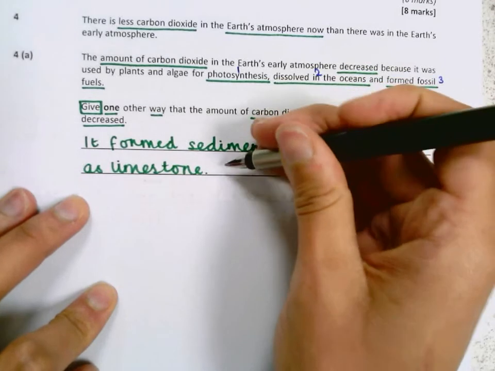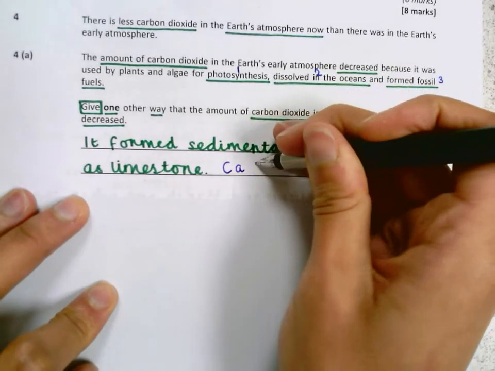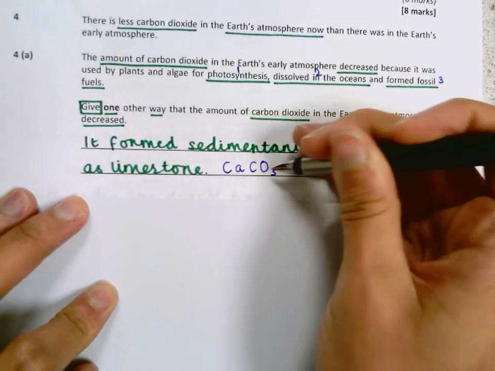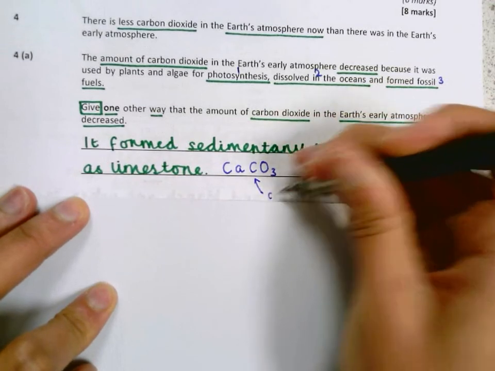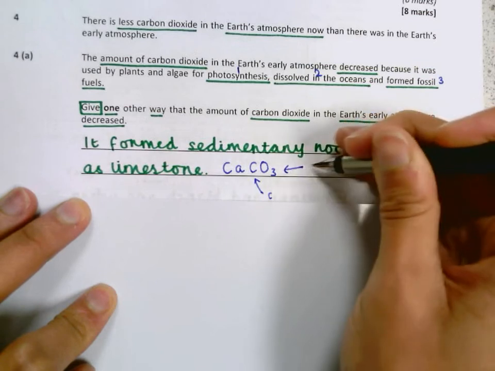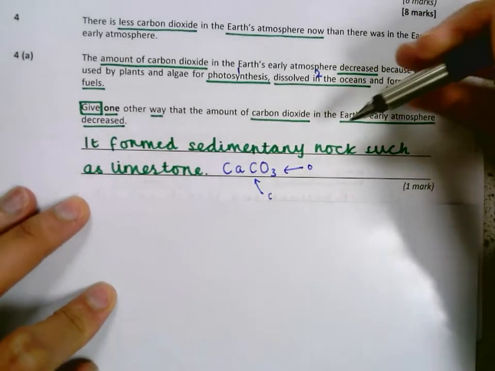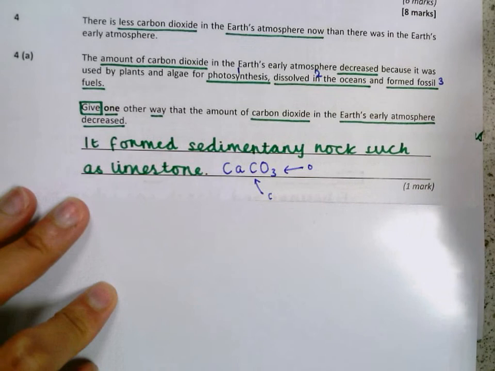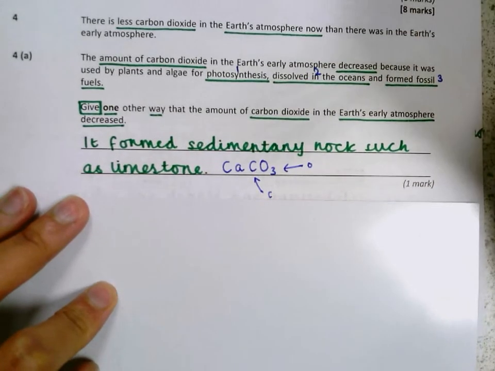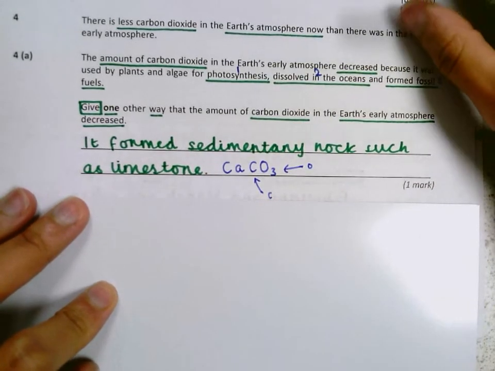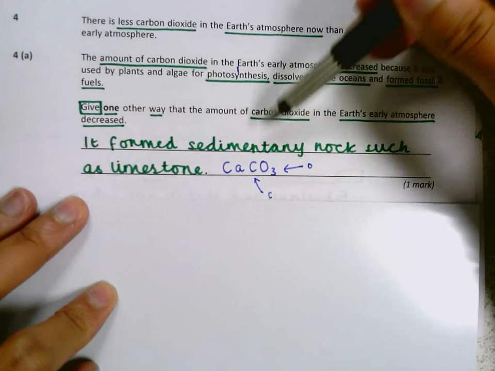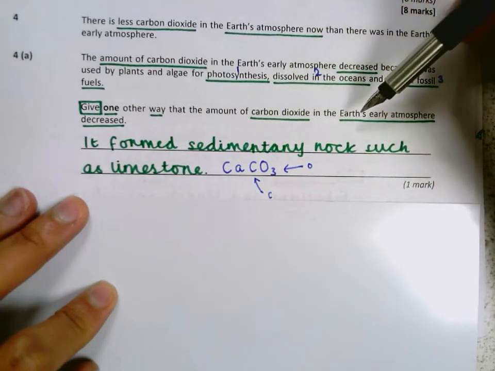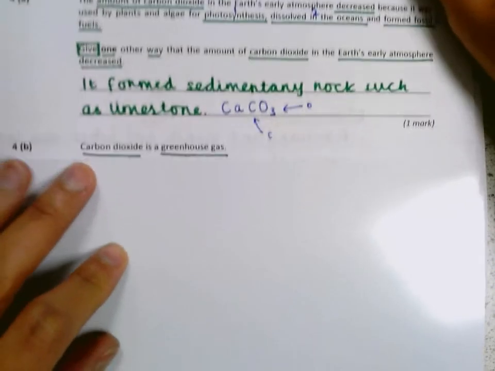Now limestone has the chemical formula CaCO3, so you can see that carbon and oxygen from carbon dioxide formed limestone. So it's locked up in that instead of being in the atmosphere. Now these 4 different ways or reasons why the amount of carbon dioxide decreased from the Earth's early atmosphere to now, you need to know them by heart.